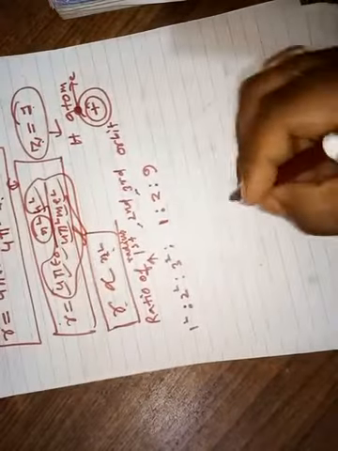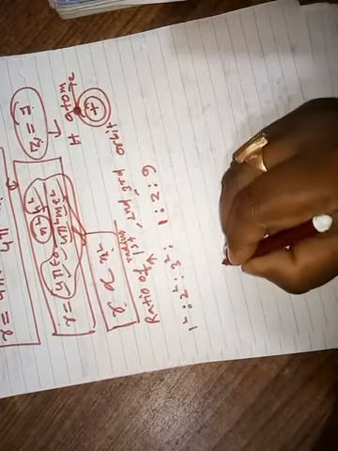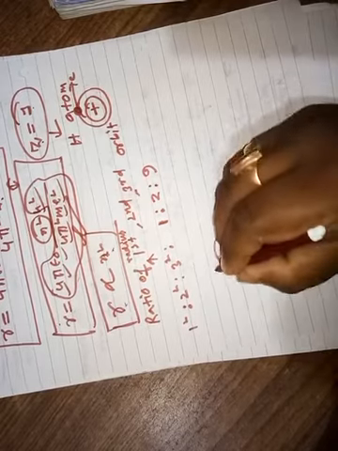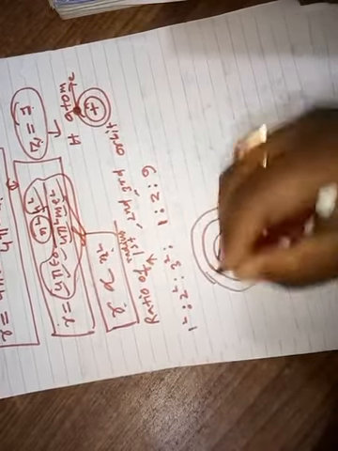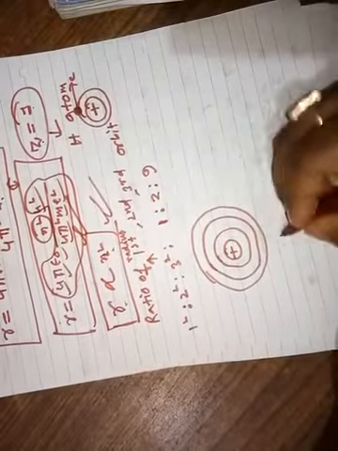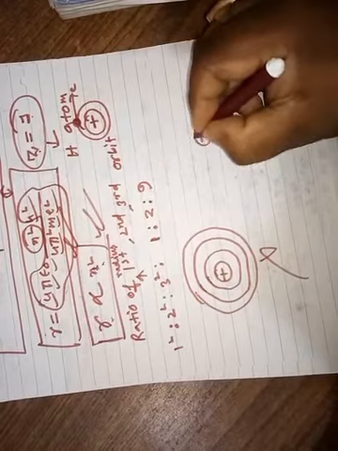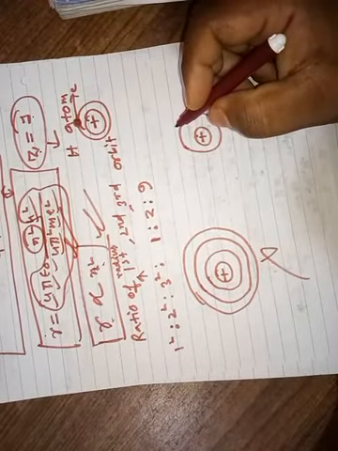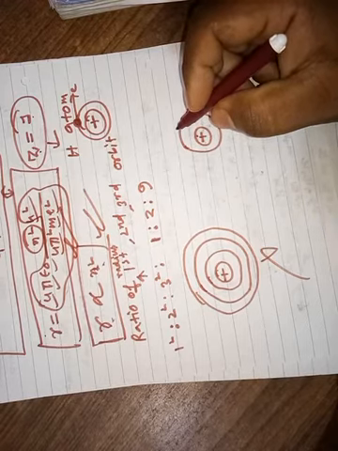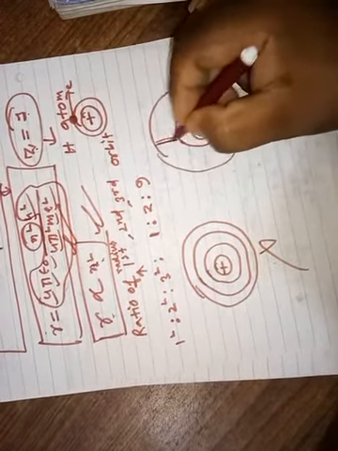What does it physically mean? So how have we drawn the diagram up to this point? This is the nucleus, this is the first orbit, this is the second orbit, this is the third orbit, right? But according to this concept, this diagram is wrong. How should the diagram be? It is the nucleus, this is the first orbit, then the second orbit will be, what is the ratio of the first and second orbit? 1:4. So the gap should be more in this case.